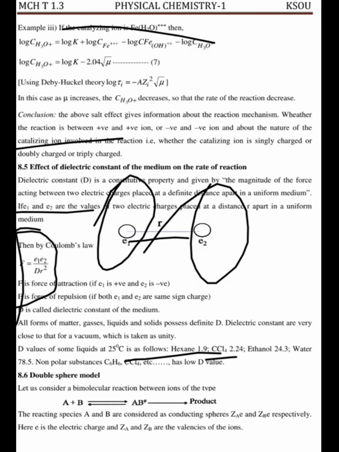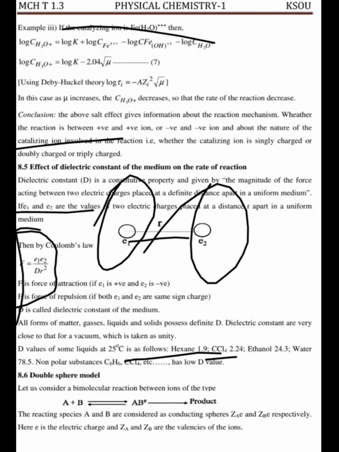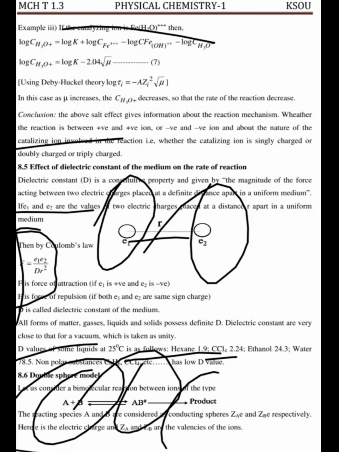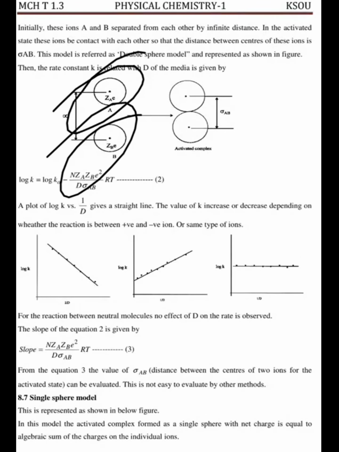And the double sphere model and single sphere model, it's nothing but the next topic is the double sphere model. In the double sphere model, two reactants, ZA and ZB, are taken, forming the intermediate and further forming the product. In the double sphere model, the ions will not get in contact with each other.